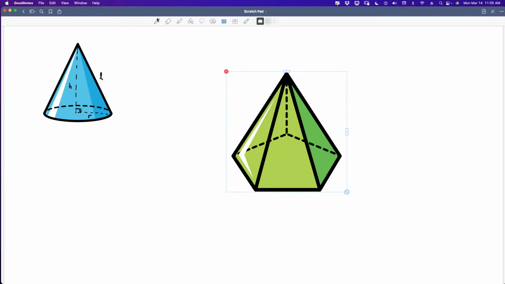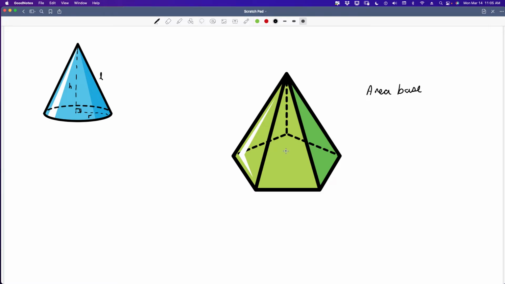We can see the difference between the pyramid and the cone is that the pyramid has flat surfaces. This is a flat surface. This is a flat surface. All of these are flat surfaces. So all we have to do is calculate the area of the base, right?